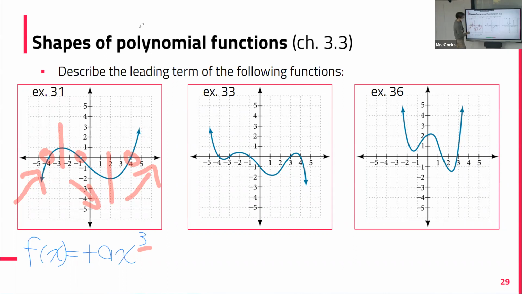Okay, next one. What can we say about this? All right, so negative a, and I'll write dot, dot, dot, dot, x.